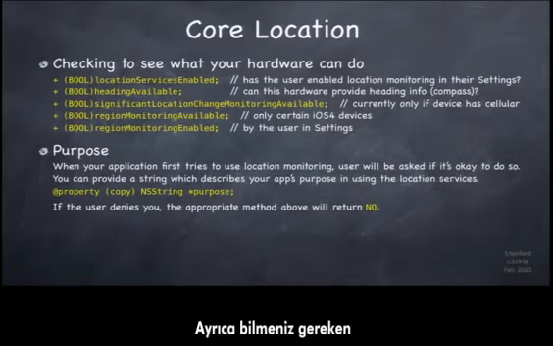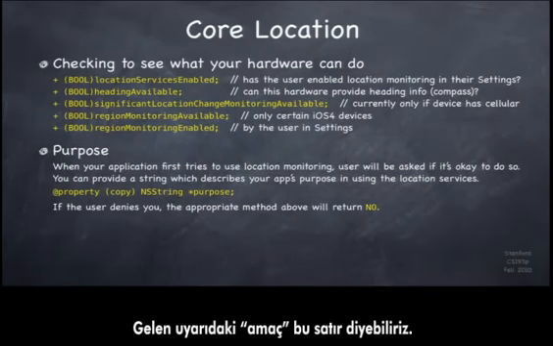Also, there's this string in CLLocationManager called purpose. It's just a string, you set it. Purpose is used because when you first try to use location services, it's going to put up an alert to the user saying, this app wants your location. This string is going to be the purpose in that alert.